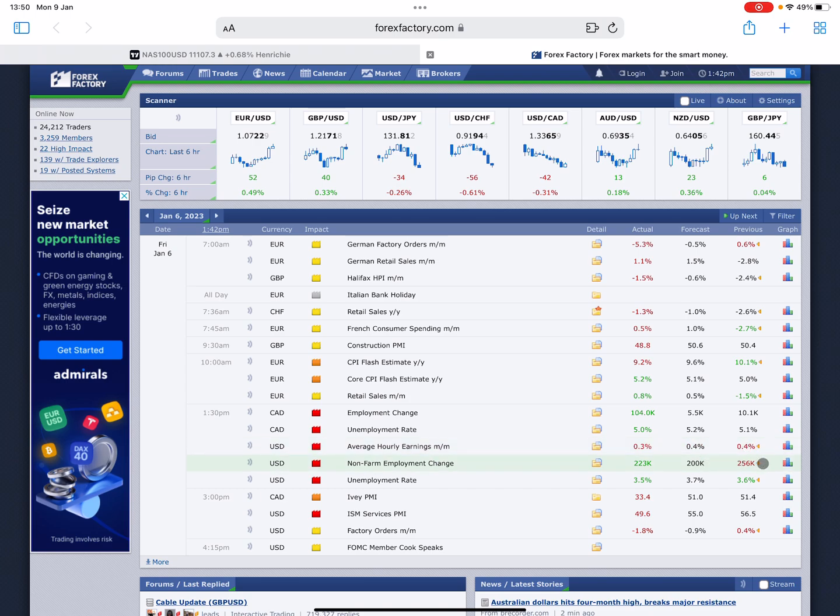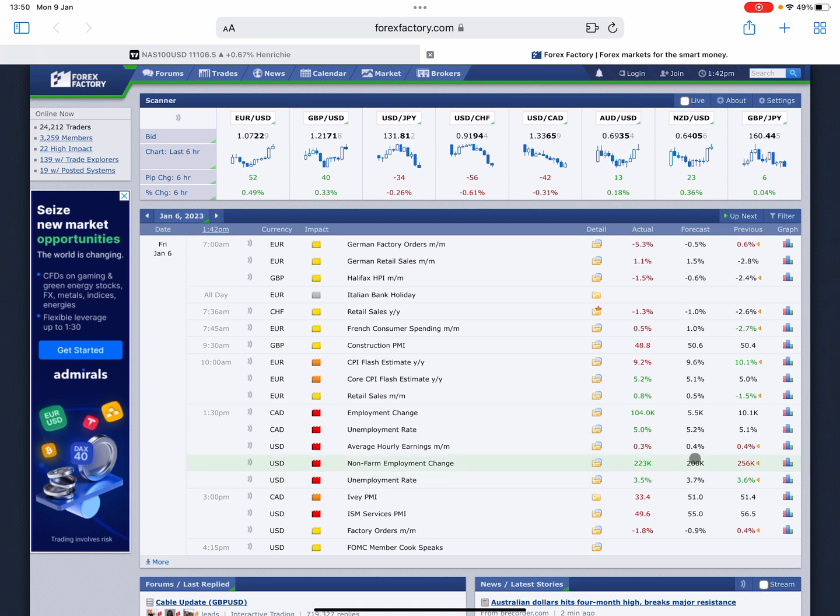The previous 256K, forecast 200K, is pointing to the downside for the dollar, in my opinion. Previous 3.6, forecast 3.7, pointing upward for the dollar. So now, 1 is neutral, 1 is low, 1 is high.